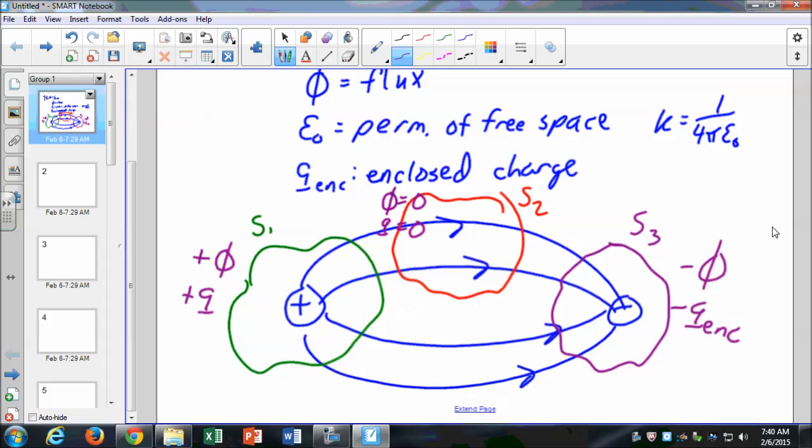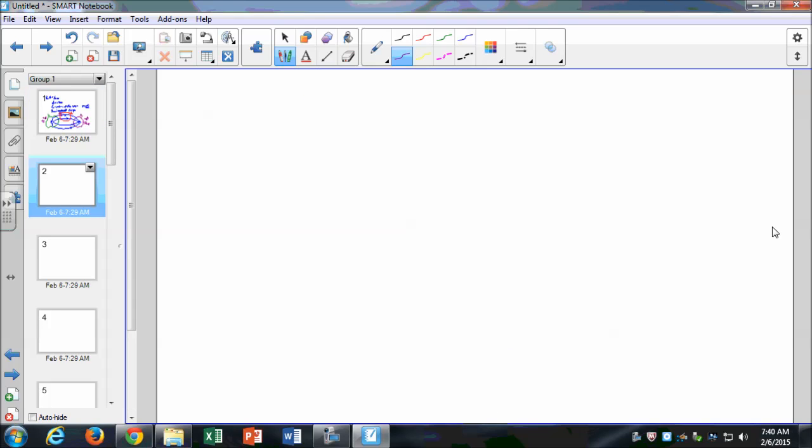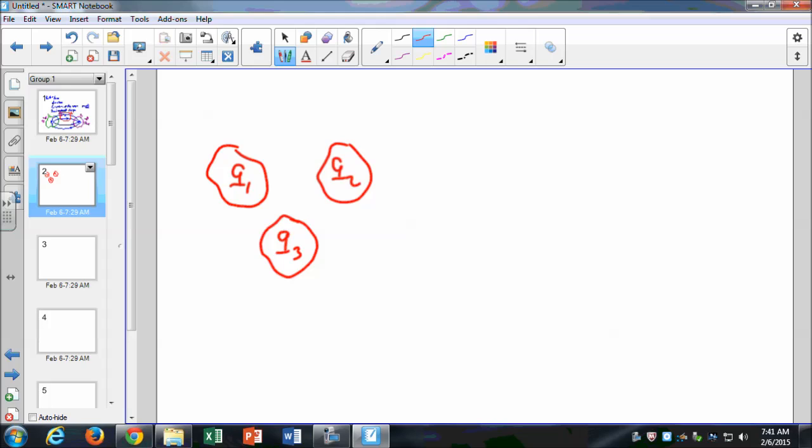We'll just do a quick little example. Simple Gauss's law. Let's say that I have several charges, Q1, 2, 3, 4, and 5. So this will be Q1, this is Q2, this is Q3. These are just sort of charges, like little blobs of charge.